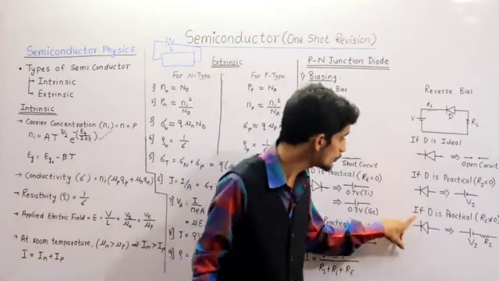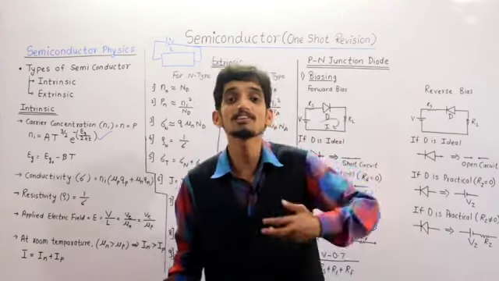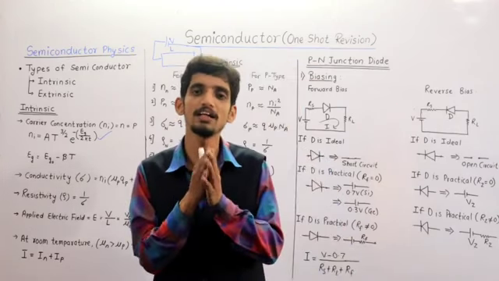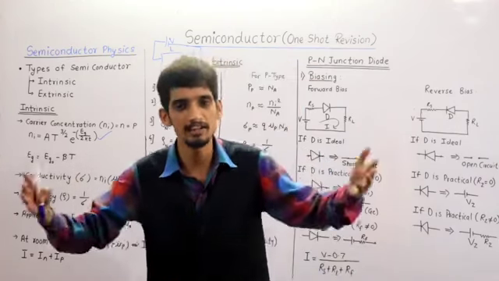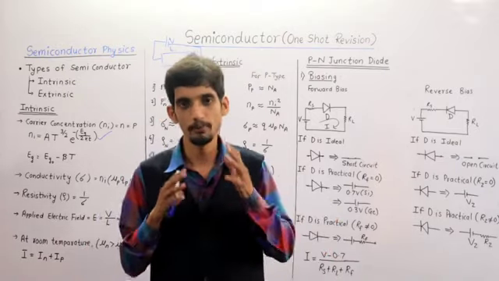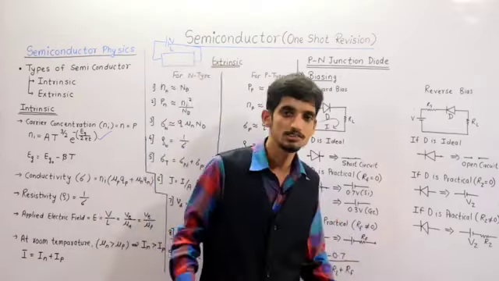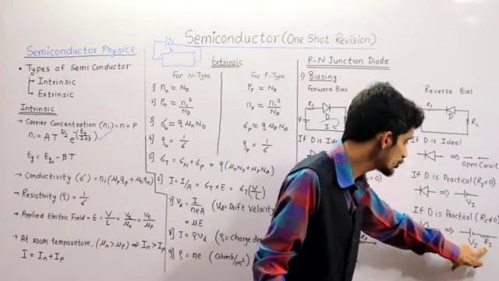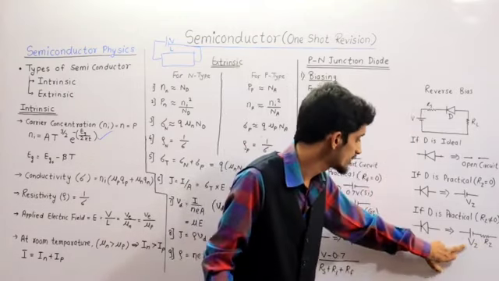Clear? And if the diode is practical and it offers some resistance, practical means what? Theoretically any diode in reverse bias offers infinite resistance, but in practice it offers some high value resistance which is in mega ohms. That's why this RZ should be connected in series with this voltage VZ.